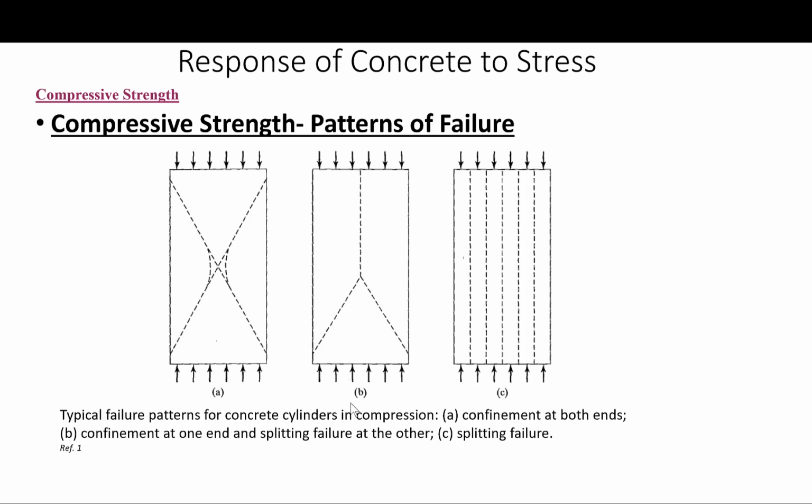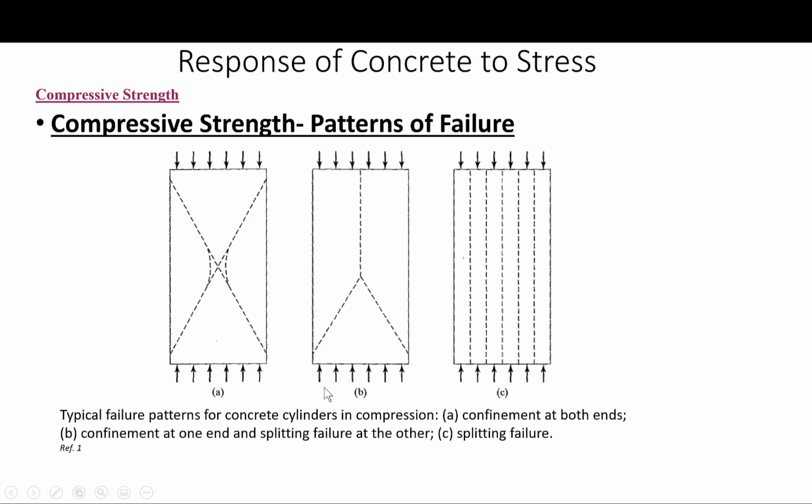This figure shows the three different modes of failure depending on confinement. In figure A, we have confinement at both ends, and this is the mode of failure, the cone type.